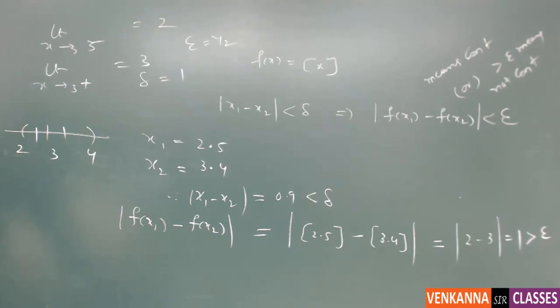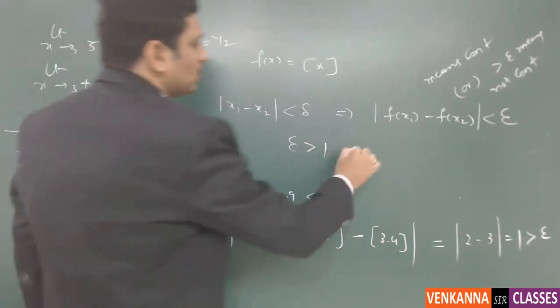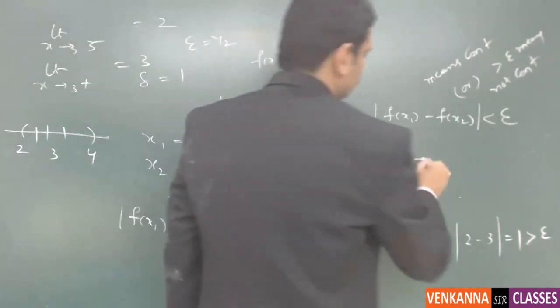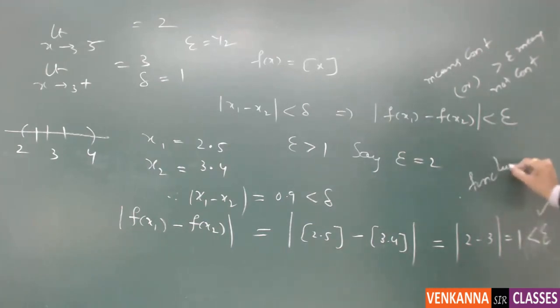So in this way, the concept of delta and epsilon will be useful. Within the neighborhood, you take any 2 points whose gap is less than delta, and the corresponding values are less than epsilon. So even if you allow epsilon to be greater than 1, say epsilon is equal to 2, then here you say that it is less than epsilon, so that the function is continuous at 3.